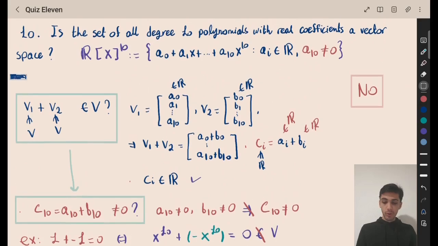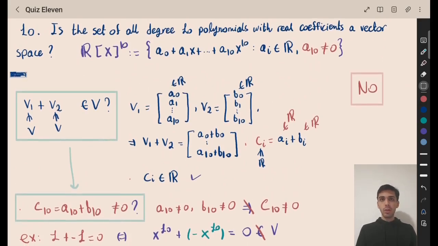this vector space. For example, if you allow this to be the set of all the degree 10 polynomials or less, and you go all the way down to 0, then it will actually be the case that you'll have a vector space, because you don't need to worry about the degrees of the polynomials.